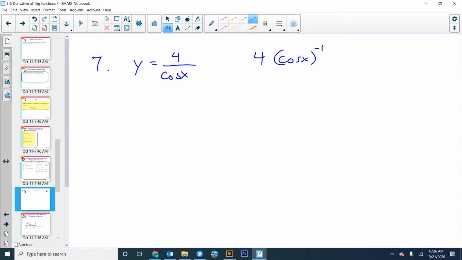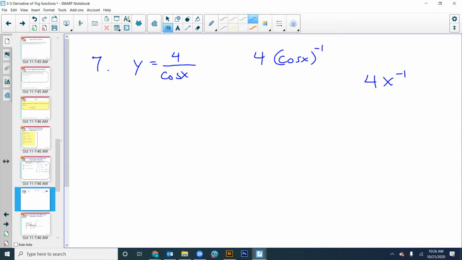However, it's not going to be until section 3.6 that we know what to do with an expression raised to an exponent. We know what to do if it's 4x to the negative 1. That's not an expression raised to an exponent. That's a variable raised to an exponent. We have that. This is composite. This has an expression inside of a power. Do you see the difference?